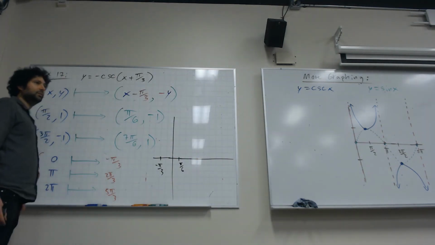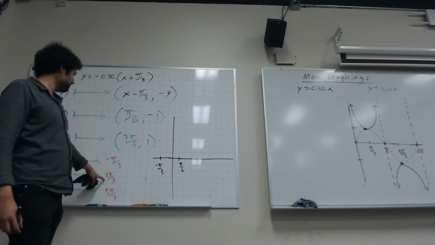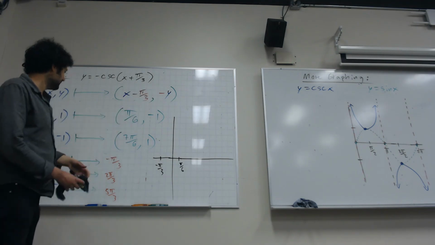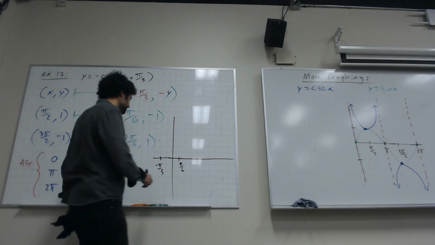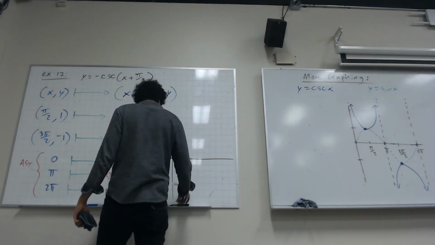Okay, so then I would be pi over 6, and then 2 pi over 3, because remember it goes asymptote, point, asymptote, point. I haven't even plotted the point. Let's plot the point.